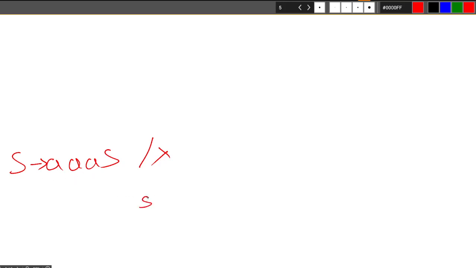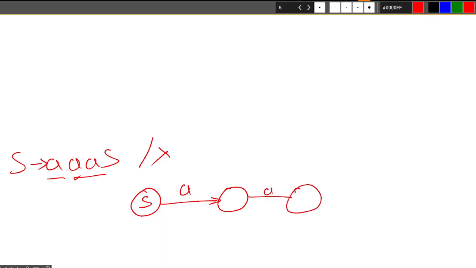You will have S. From this S you will have a, and you move further to a state which will further give you 2 a's. From here also you get a and a new state. From this state you get a and you reach the state S, right?